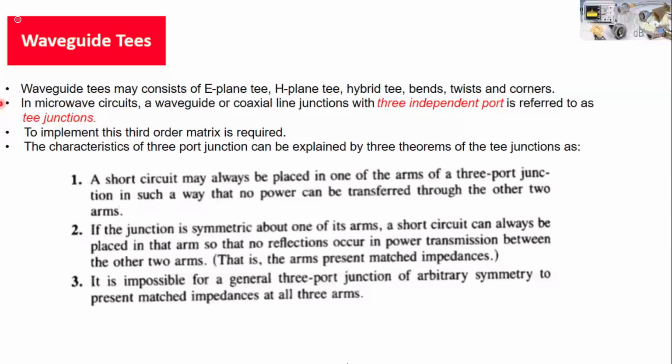That means no power should come back from that particular port. It should provide complete matching, meaning the 50 ohm criteria. Second, if the junction is symmetric about one of its arms, then the short circuit can always be placed in that arm, so that it is again perfectly matched and no reflection comes back from that port.